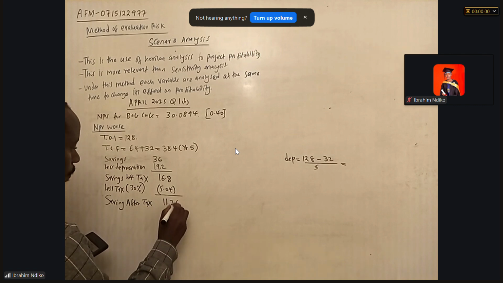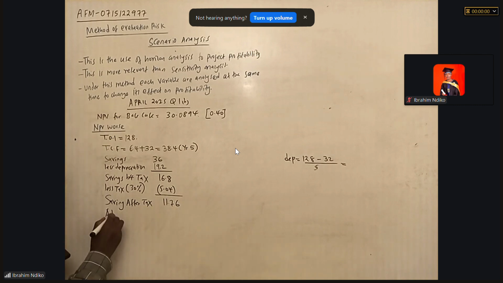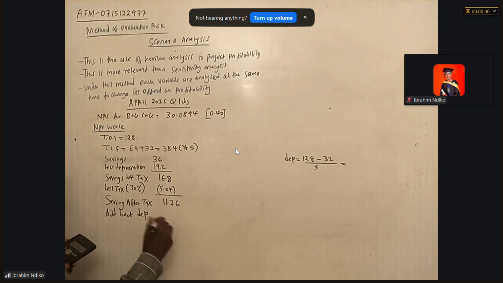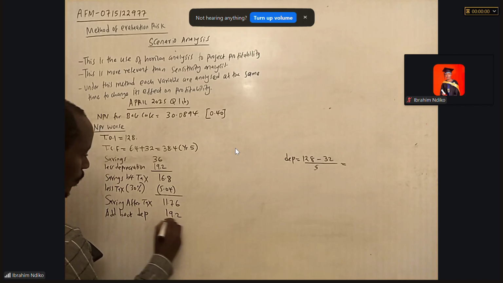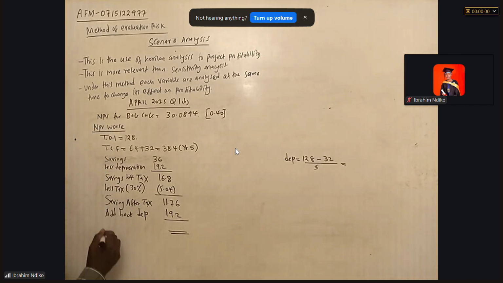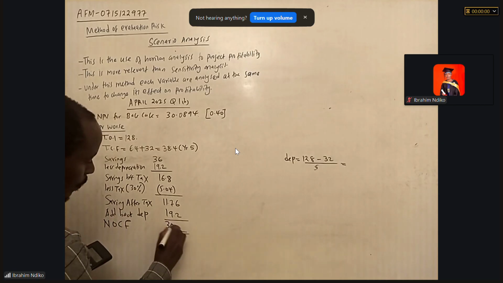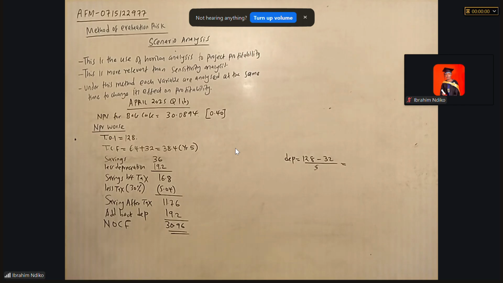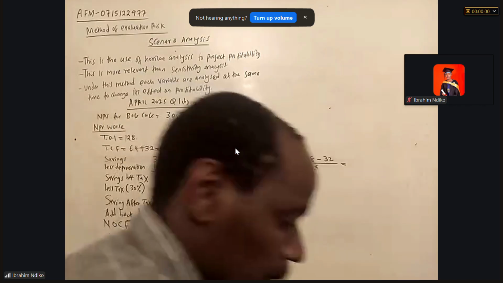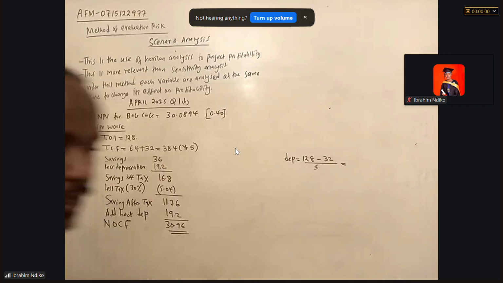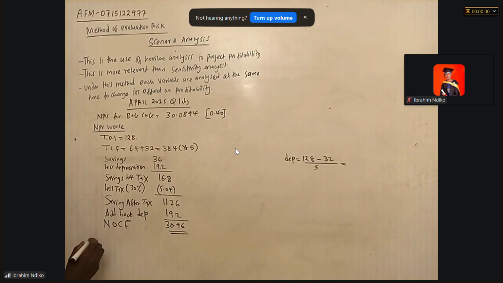Then we add back depreciation, 19.2. Tutapata net operating cash flow. So plus 19.2, about 30.96. Yes. Let us calculate NPV.